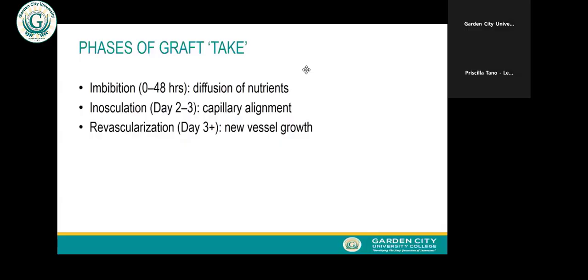Okay. Now we have inosculation. They call it the kiss. Yes, phase 2, the kiss. Capillary alignment. So that is when the donor and the recipient's capillaries are well aligned, and then the nutrients are now passed to the graft bed, right? At this point, we should expect the graft to be pinkish, right?